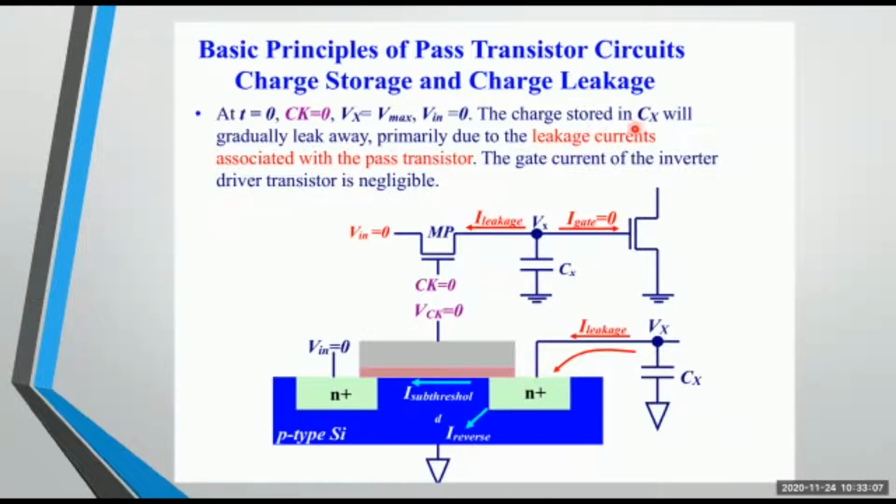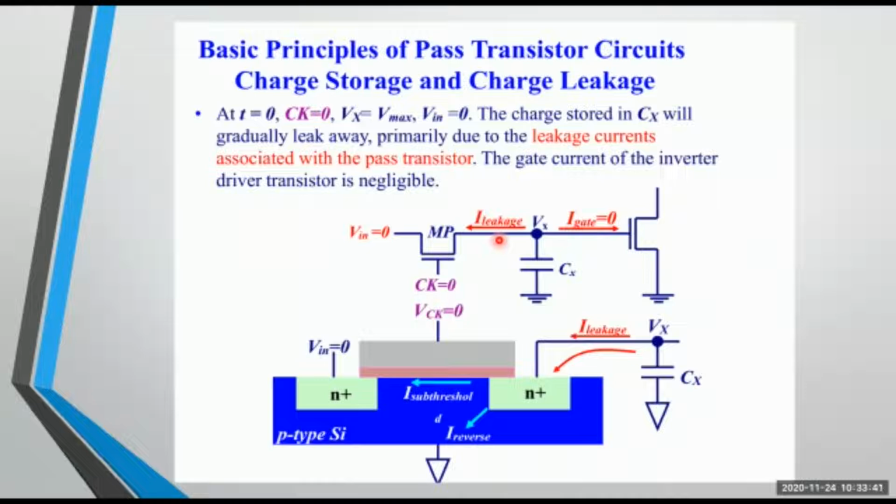So that's why we have written here that the leakage takes place and charge gradually leaks away, primarily due to the leakage currents associated with the pass transistor, and then ultimately the gate current of the inverter driver transistor, which is negligible. So there are two reasons why this leakage takes place. First one is due to the leakage currents, meaning the current or the voltage gradually leaks due to the principle of higher potential and lower potential voltages.